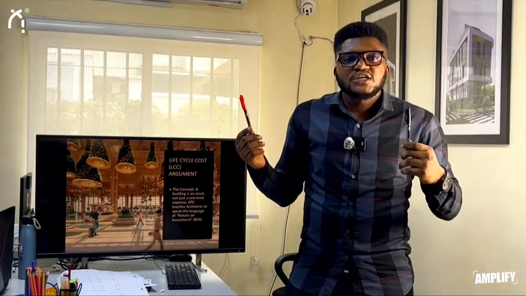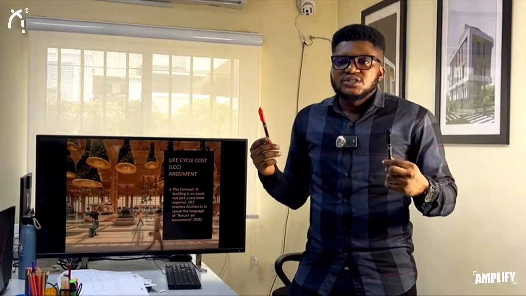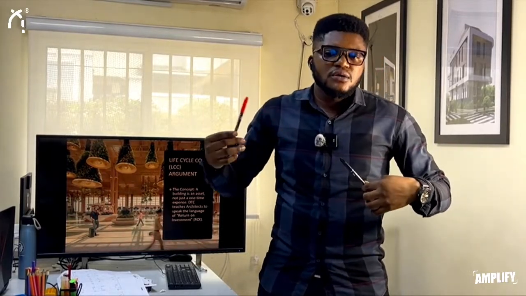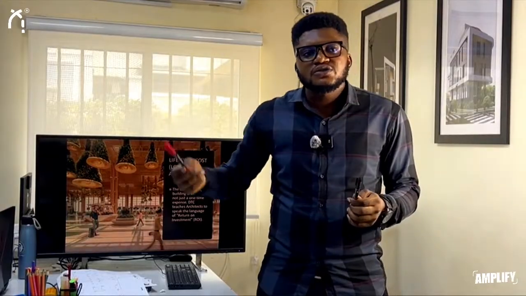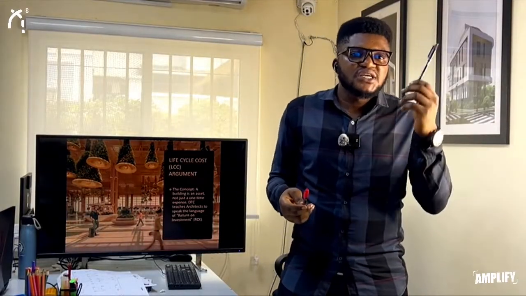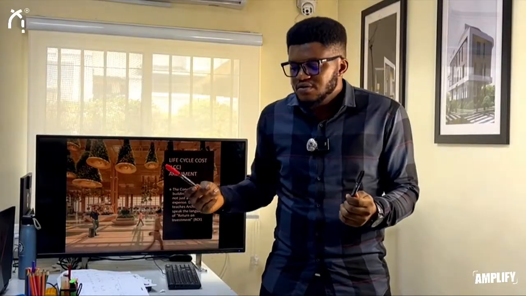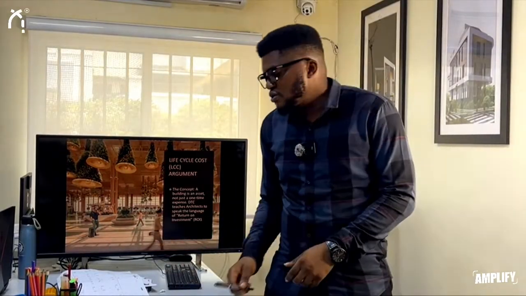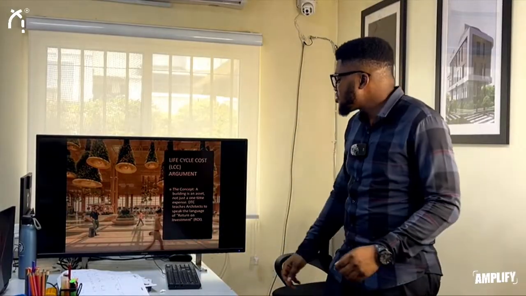So in DTC now, we have to take into account all of this, that we are not just having our initial costs, we are also having our running costs. How much will it take to maintain this pen against how much it will take to maintain this cheaper pen? All of that needs to be put into consideration during the design stage.